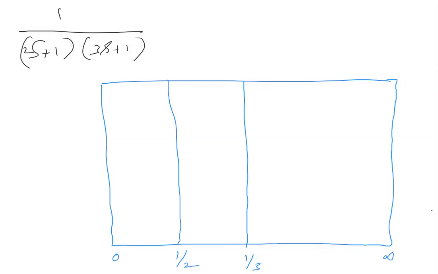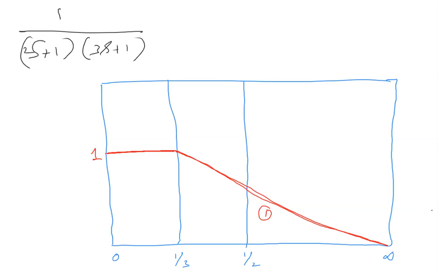So what is 1 by 2s plus 1? Sorry, this is reverse. 1 by 3 will be first, then 1 by 2. What is 1 by 3s plus 1? What is the slope here? Minus 1 slope.